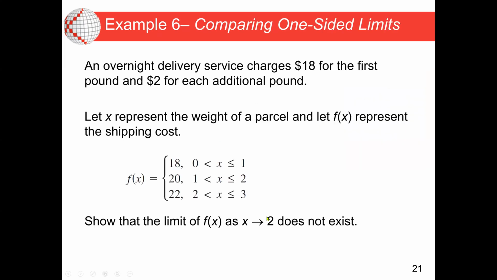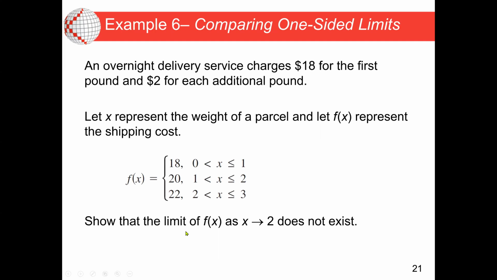So again, based on this question, we have 18 from 0 to 1, 20 for greater than 1 to less than or equal to 2, and 22 for greater than 2 to less than or equal to 3.